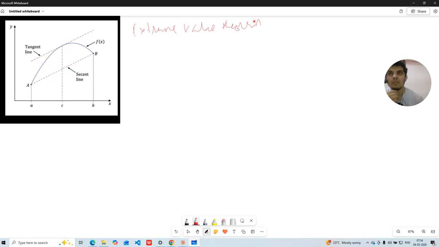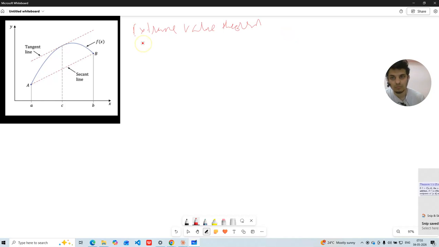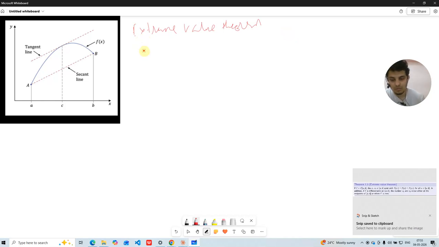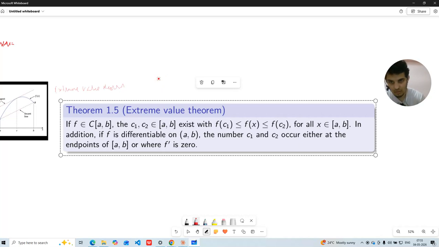Extreme value theorem. If f belongs to C[a, b], then there exist c1, c2 belonging to [a, b] such that f of c1 is less than or equal to f of x, which is less than or equal to f of c2, for all x belonging to [a, b].